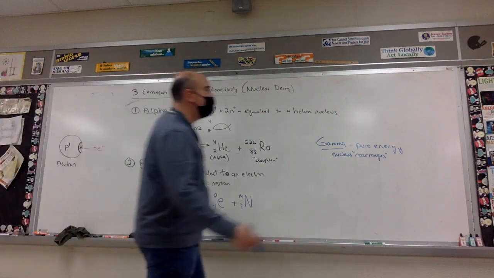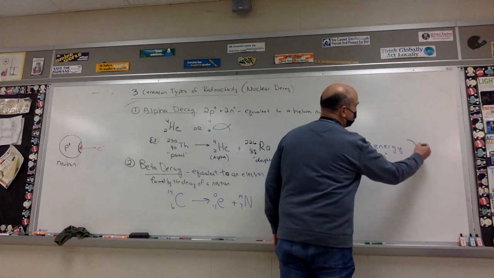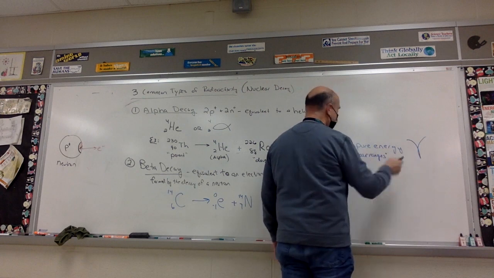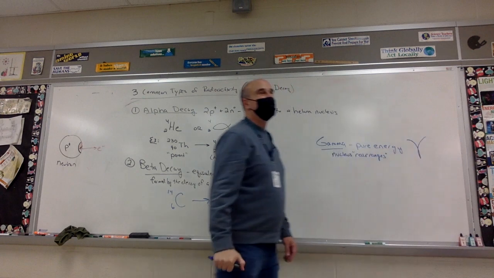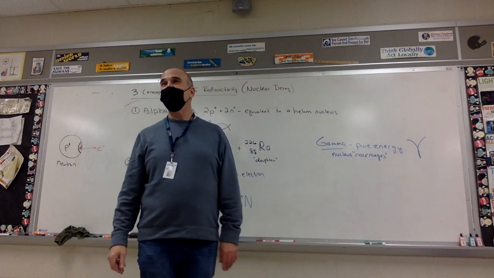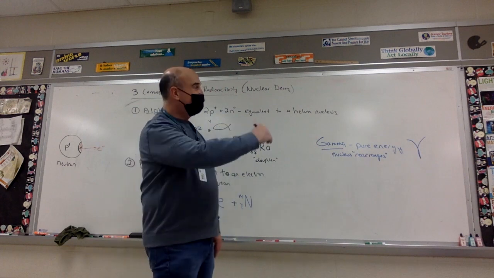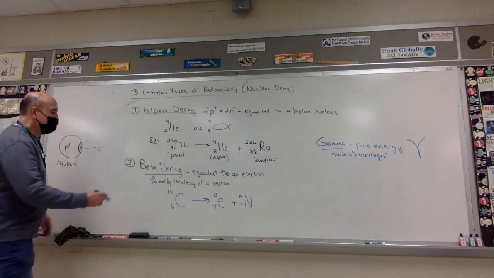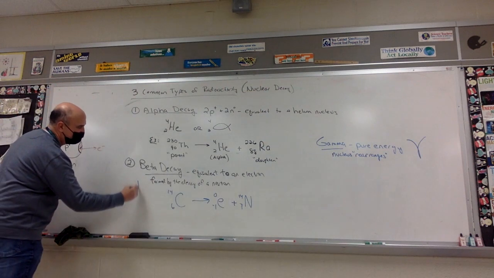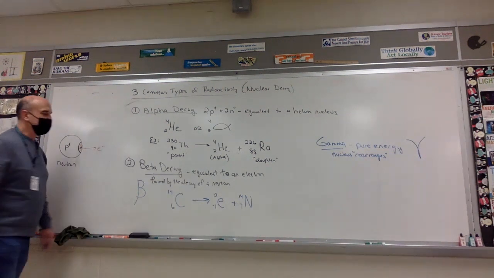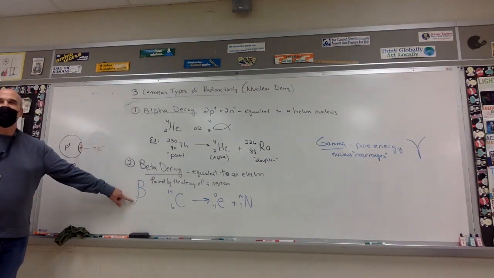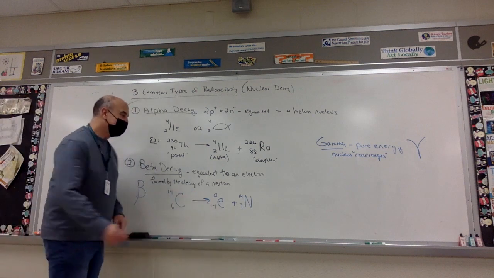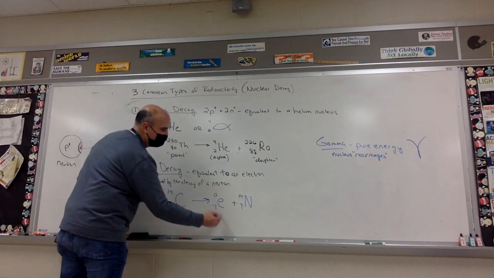It's just pure energy. If you ever see, I have trouble drawing gamma. That's kind of what a gamma symbol looks like. Okay, kind of like a funny looking Y. Oh, and beta, I forgot. You might sometimes see beta look like that. It's kind of like a capital B with a tail. More commonly, you'll see it looking like an electron, even though it's not an electron.